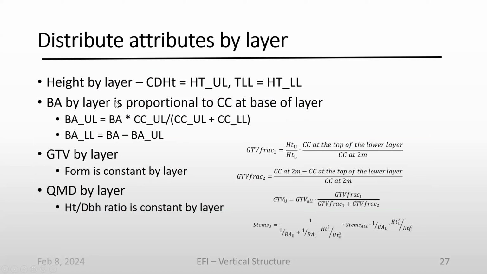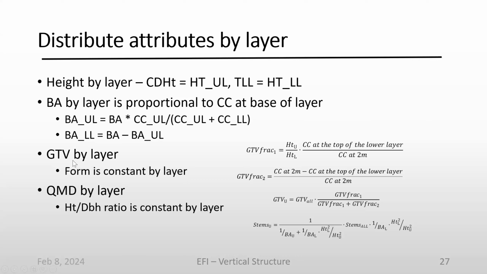We assumed that the proportion of basal area in each layer is proportional to the crown closure associated with that layer. And that allowed us to partition the basal area into upper layer and lower layer. So we're taking the overall combined basal area and partitioning it by the proportion of crown closure by layer.